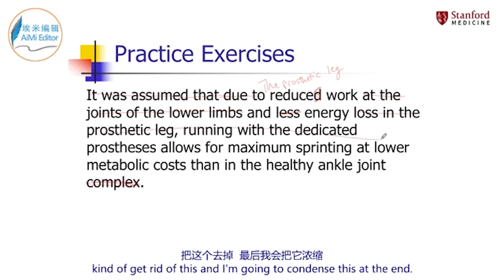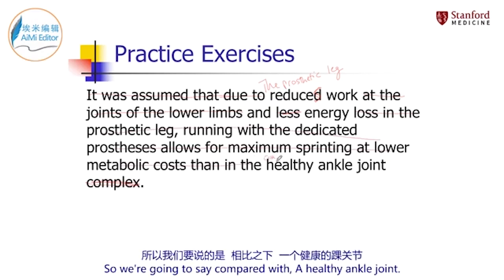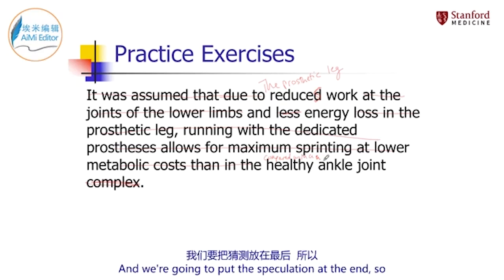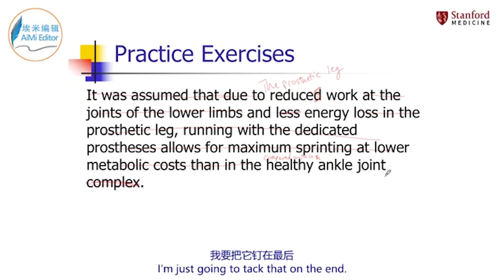So I'm actually kind of going to get rid of this, and I'm going to condense this at the end. So we're going to say compared with a healthy ankle joint. And then that observation from the paper leads them to speculate about something, and we're going to put the speculation at the end, so I'm just going to tack that on the end.